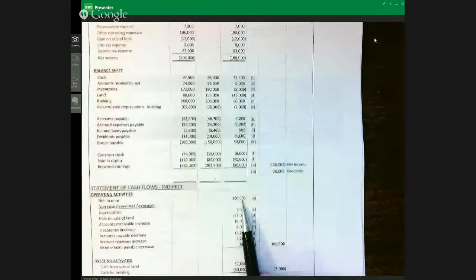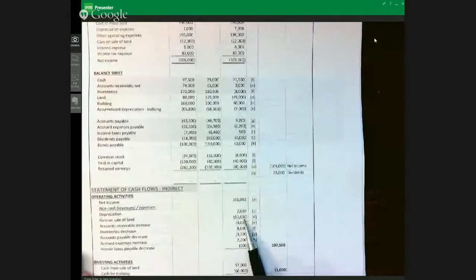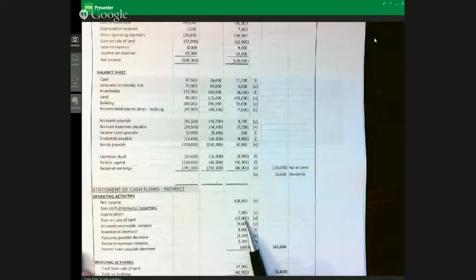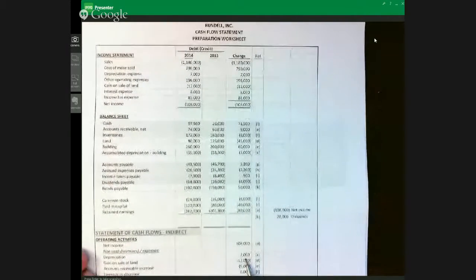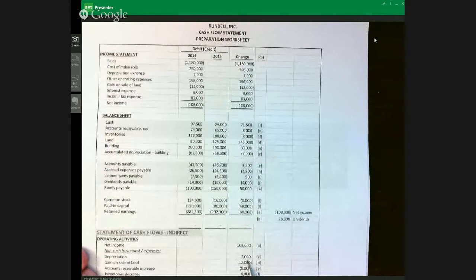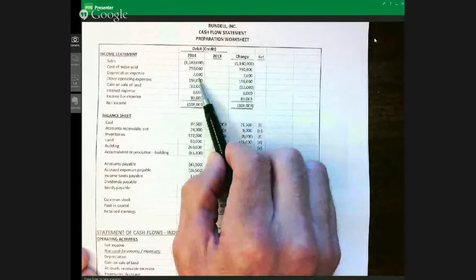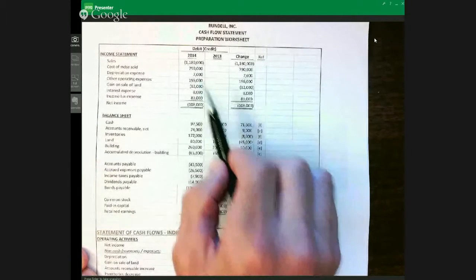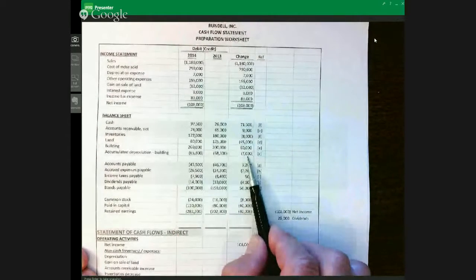Okay, now the income statement is comprised of some items that do not necessarily result in the flow of cash. One of those items is depreciation expense. When a company incurs depreciation expense, it will debit the account depreciation and credit the account accumulated depreciation.